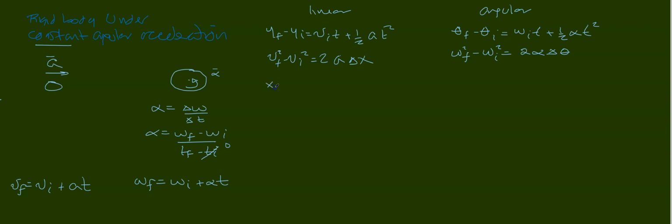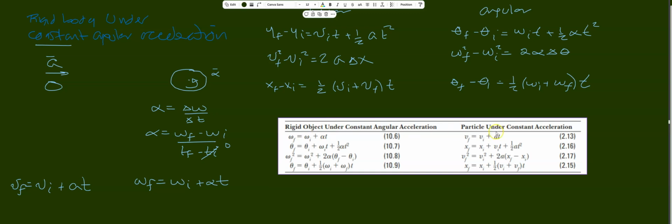Another one, final position minus initial position was 1/2 of the average velocity, basically. So same thing here, initial plus final, right? So every single linear equation has an angular analogue.